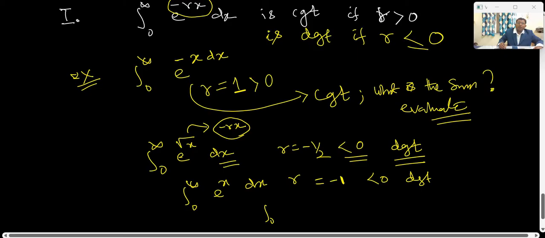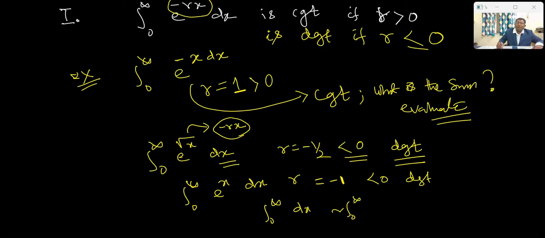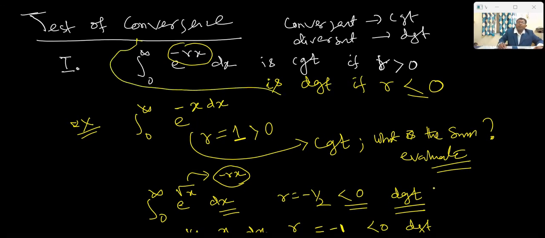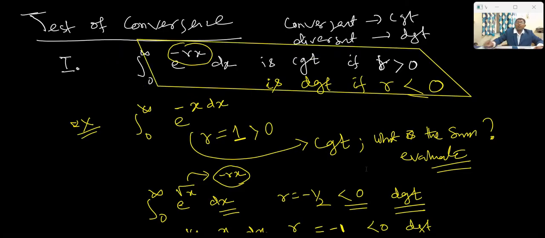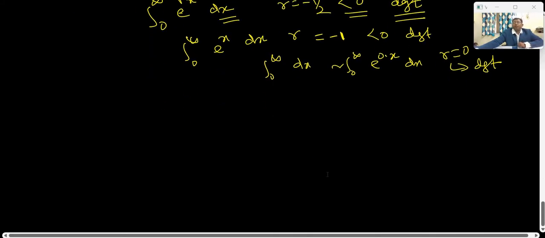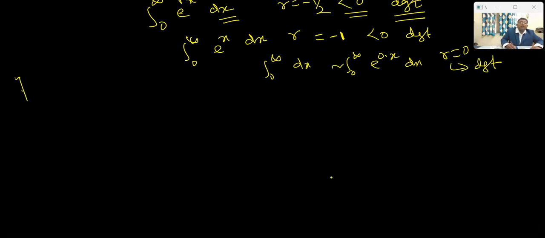If I simply ask 0 to infinity dx only, it is e to the power 0 into x, so r is equal to 0, and it is divergent. So instead of evaluating the entire integral, we just apply this test. We can extend similar tests to know whether an integral is convergent or not. Another standard test is the P test; let me say the second test is my P test.